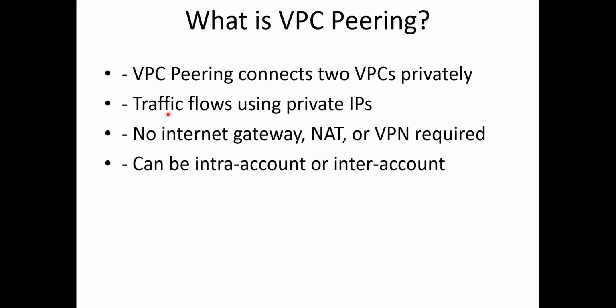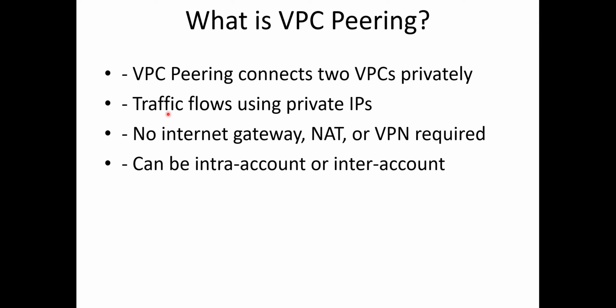What is VPC peering? Now we talk about VPC. You have XYZ company, you have a router, and that is your VPC. The boundary of your network is your VPC. Now, what is VPC peering? VPC peering connects two VPCs privately. For example, you have XYZ company and there's an ABC company beside you, but they have a different internet.